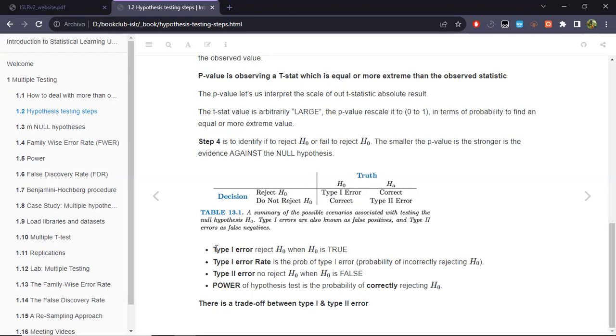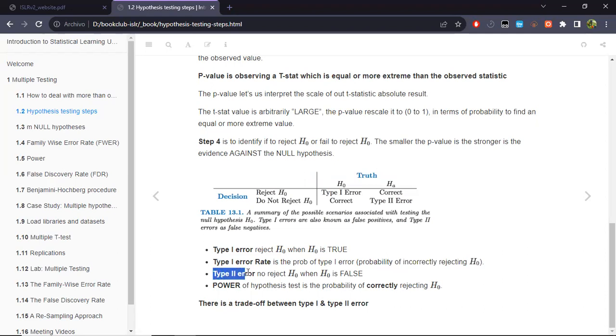So when the null hypothesis is true and we reject it, that is called the type 1 error, and also it is labeled as the false positive, because there wasn't really a pattern in the data, but we are saying that there is. So it's like a false positive or a false discovery. There is also the type 1 error rate, defined as the probability of incorrectly rejecting H0.